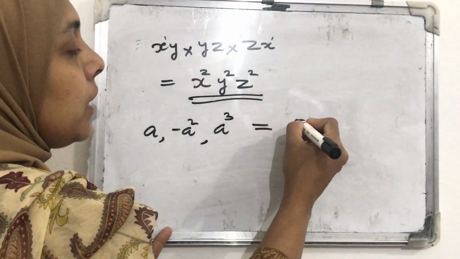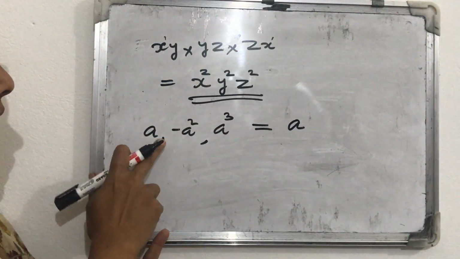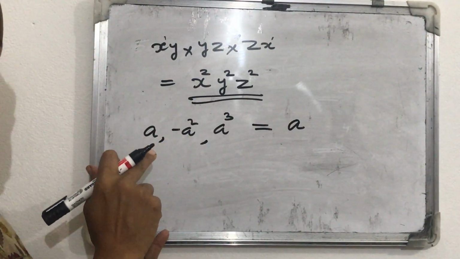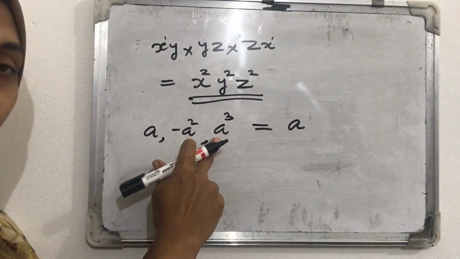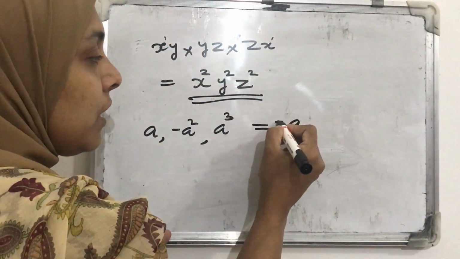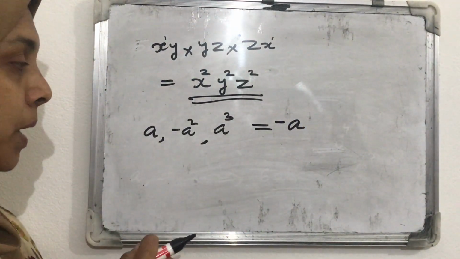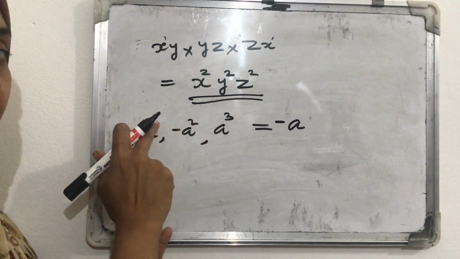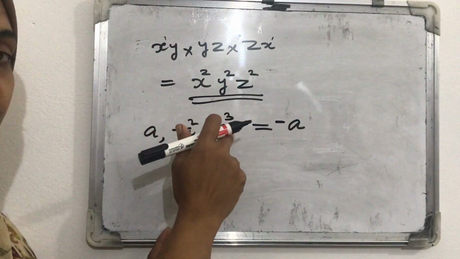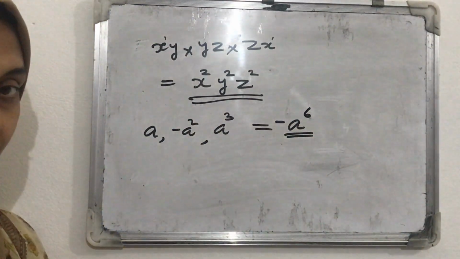What will be the coefficient here? It is 1 into minus 1 into 1, so the coefficient will be minus 1. So 1 we can avoid, only write the sign minus. Then a raised to 1 plus 2 plus 3, so it will be 6. So minus a raised to 6.